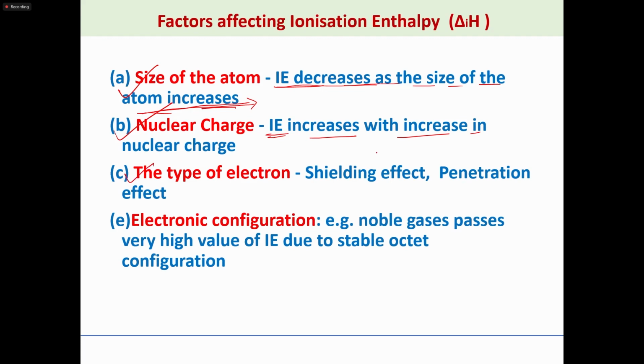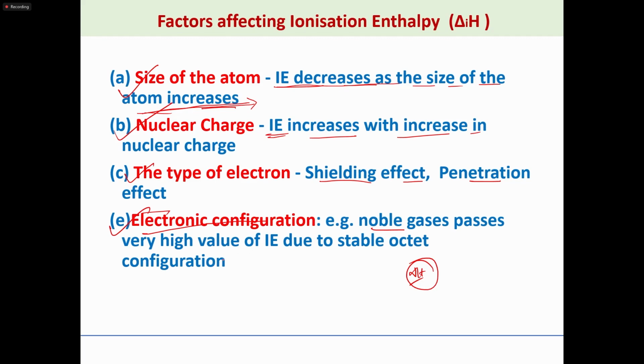Then the type of electrons: the shielding effect is there, and the penetration effect is also there. Then another point is electronic configuration. Some, like the noble gases, have a strong, stable electronic configuration. So to remove one electron from that stable electronic configuration, we have to put in high energy. That means the delta H value will be even higher. Okay, so it is written here.